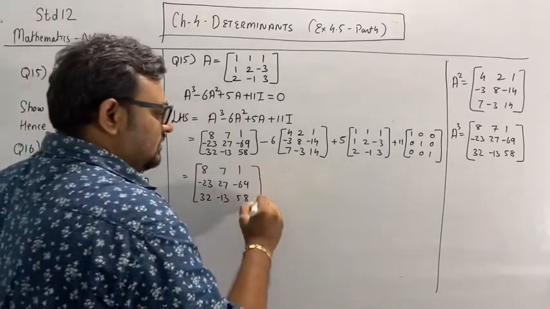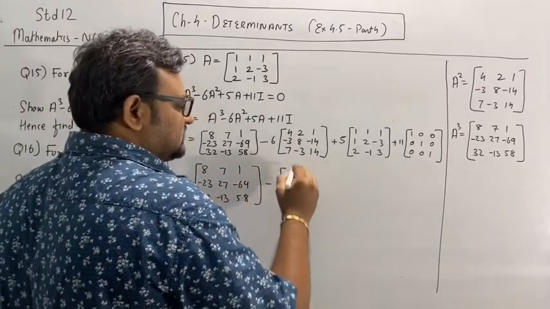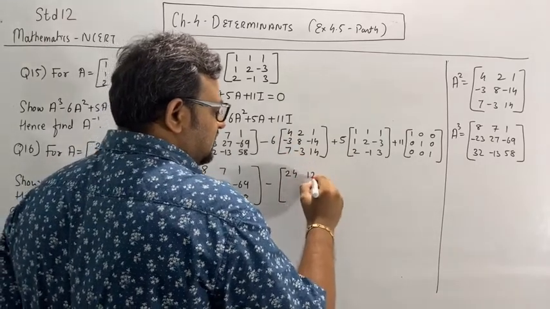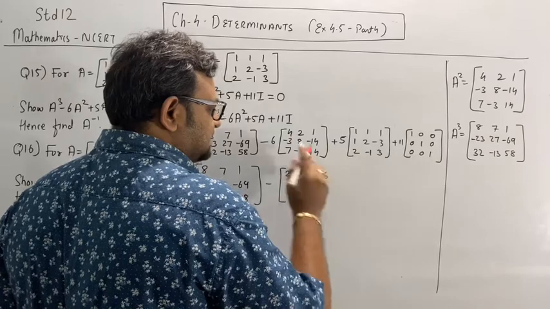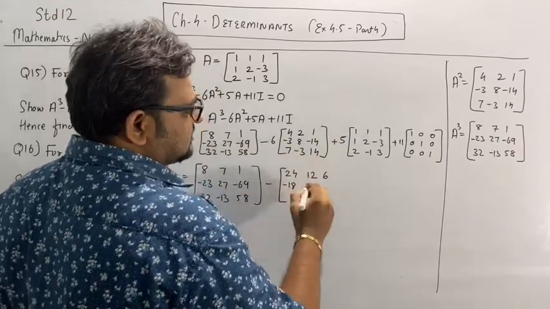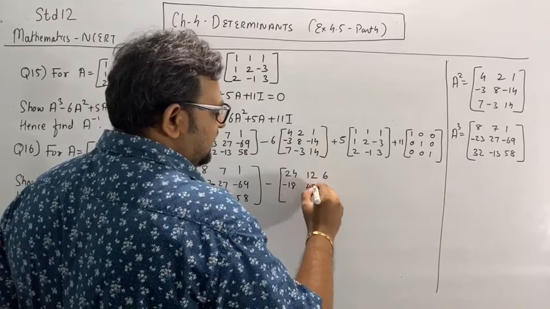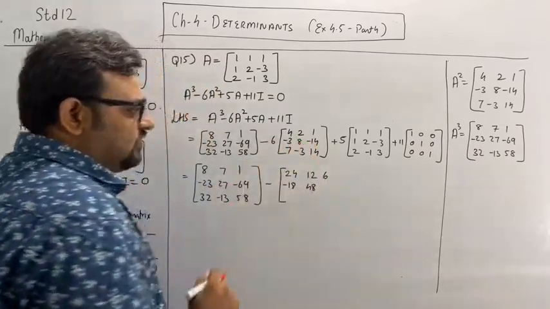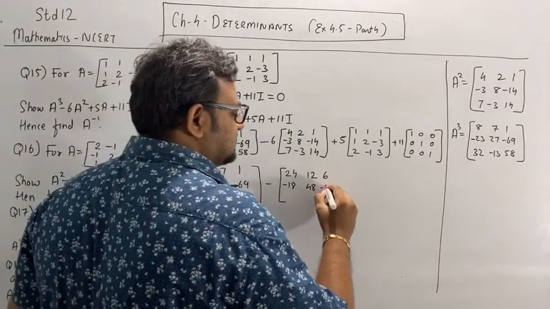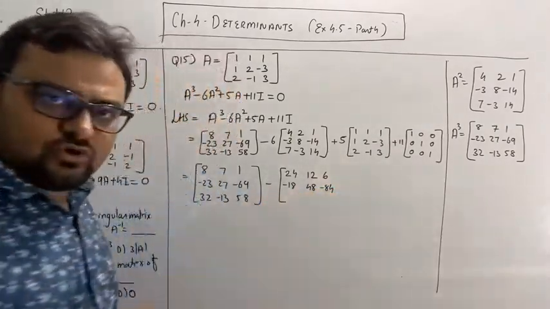Okay, minus 6 fours are 24, 6 twos are 12, 6 ones are 6, 6 threes are 18, so minus 18, 6 eights are 48, 6 into 14, so 84, minus 84.